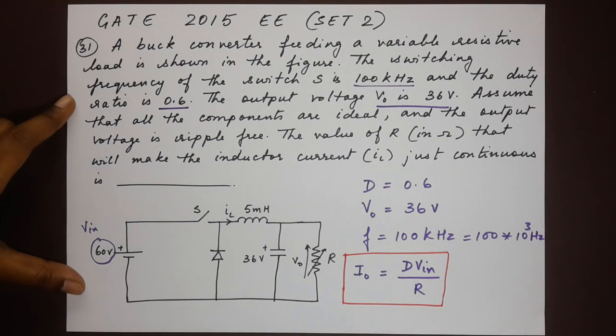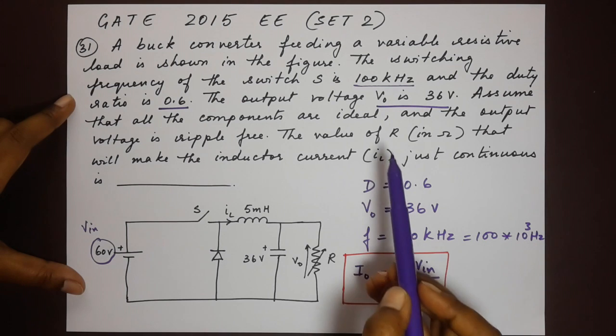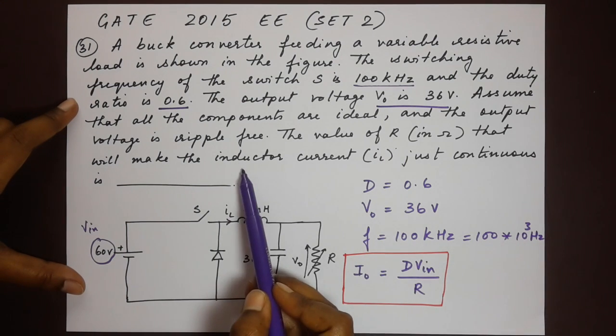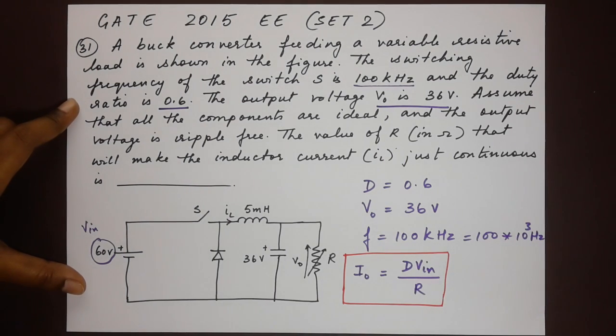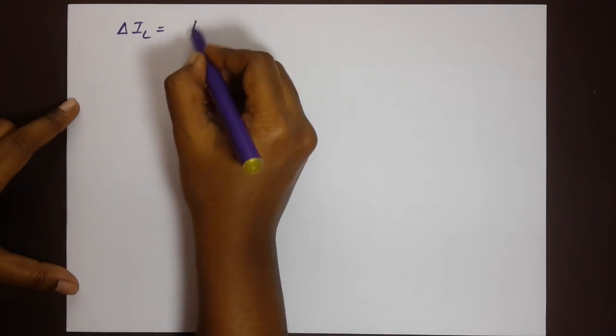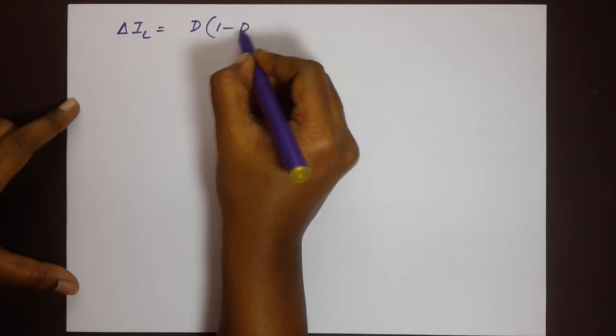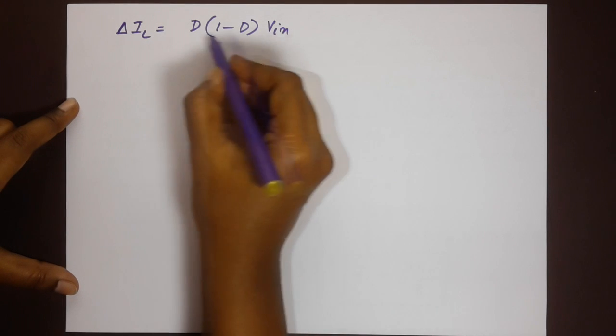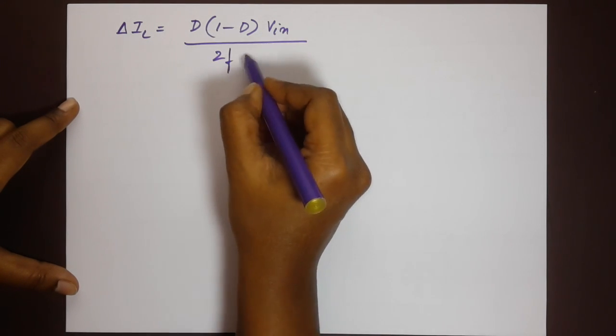Now, if we are to find the value of R such that the inductor current is continuous, in order for the inductor current to be continuous, we have an expression. This is another standard equation. Delta IL is equal to D into (1 minus D) Vin divided by 2FL.